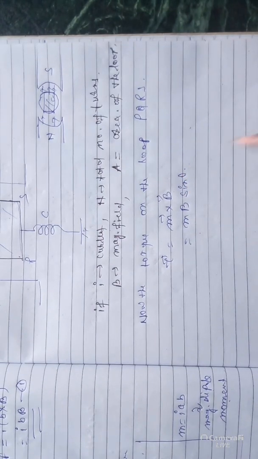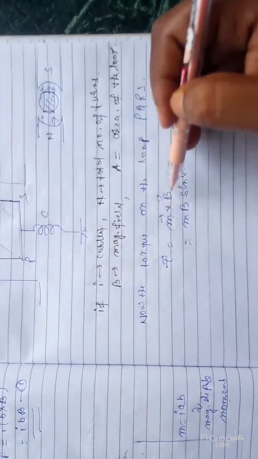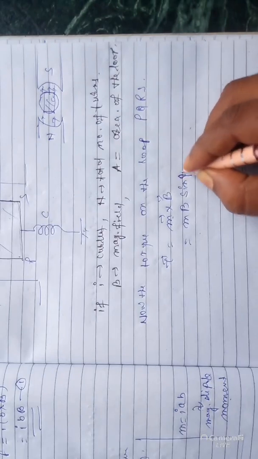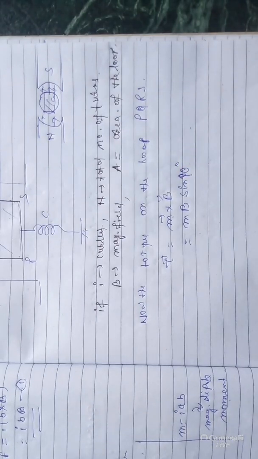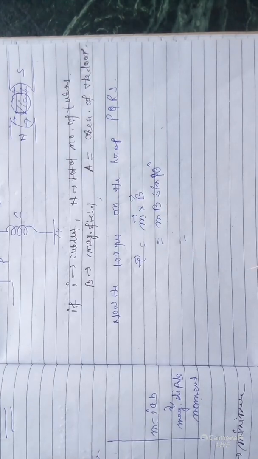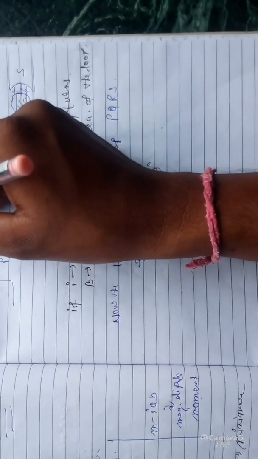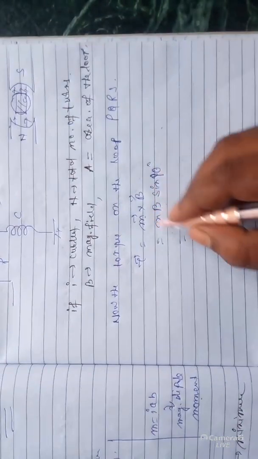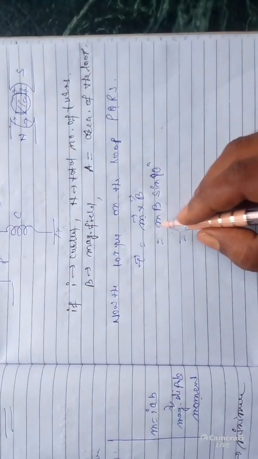Now notice here the angle between m, the magnetic dipole moment, and B is 90 degrees. So you can write mB sin 90 degrees. Clear? Already we have discussed this direction. B is along this, magnetic moment along this. So mB, m is what? m is the magnetic dipole moment. What is the value?